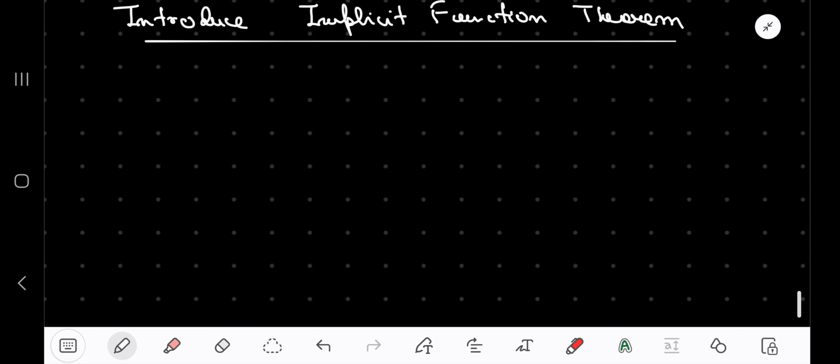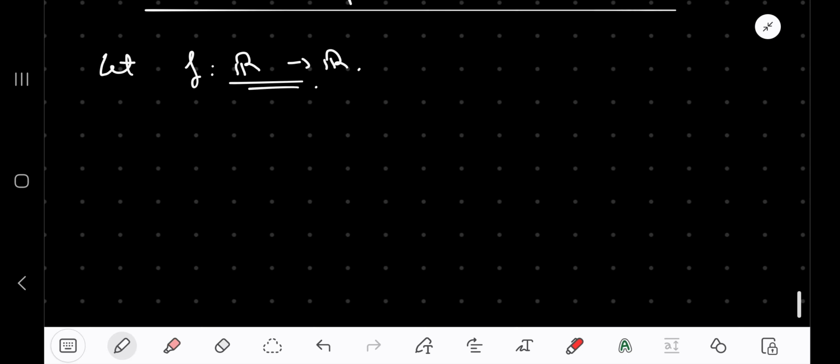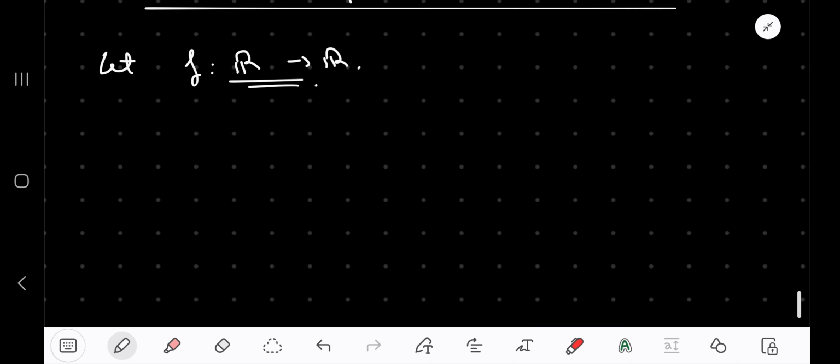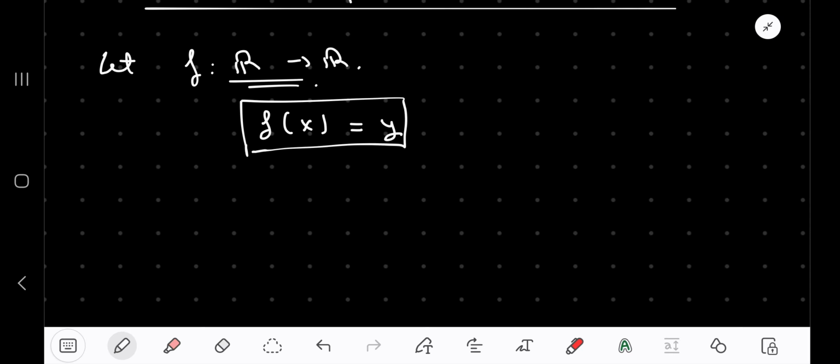Now whenever we study functions in one variable, or rather let me be a bit more strict, let f be a map from R to R. Then by the definition of a function, what it does is that it chooses a value from R, from the domain, and it assigns a value y, which is also in R. This is how a function behaves.